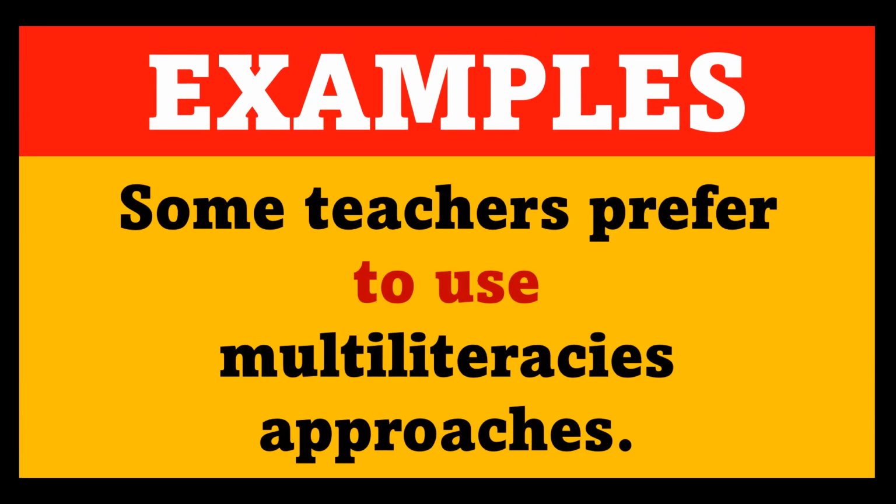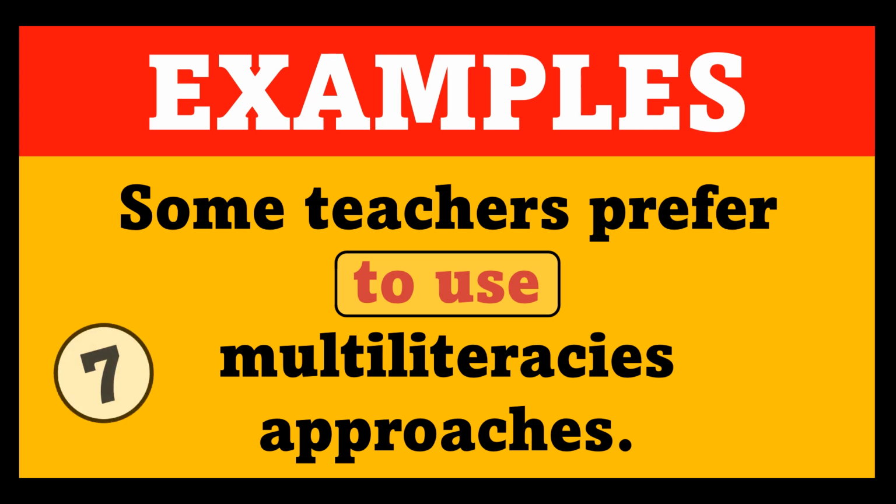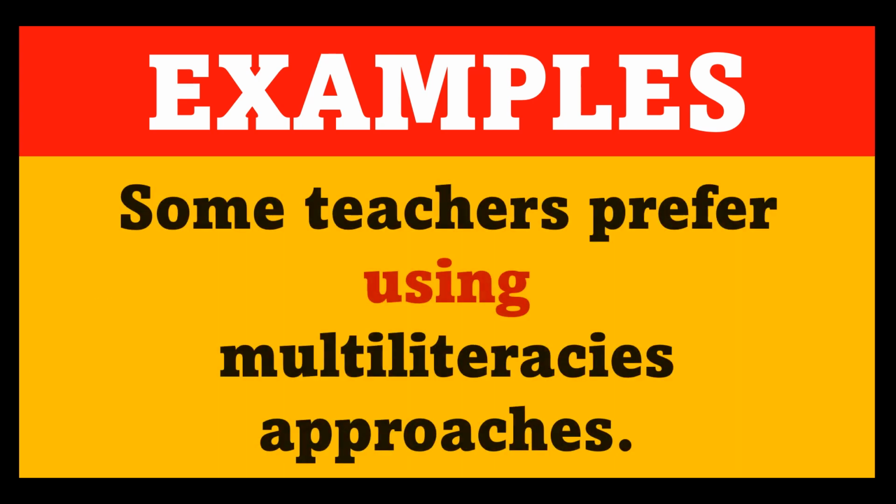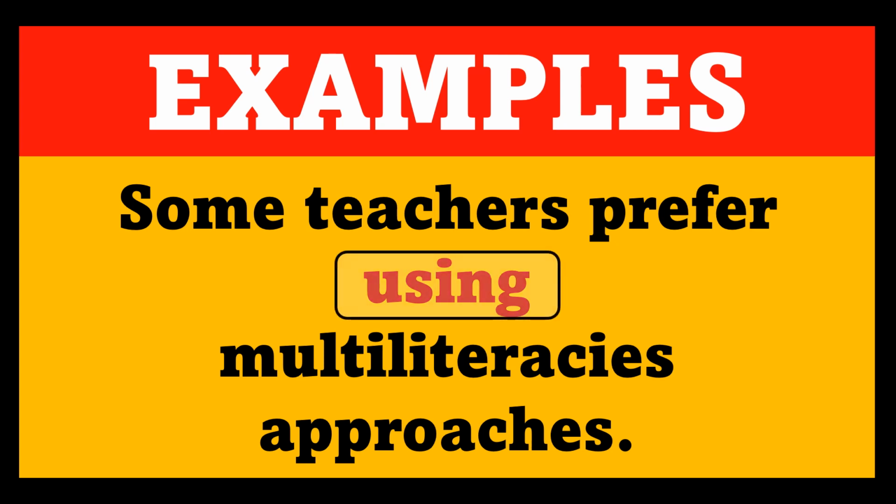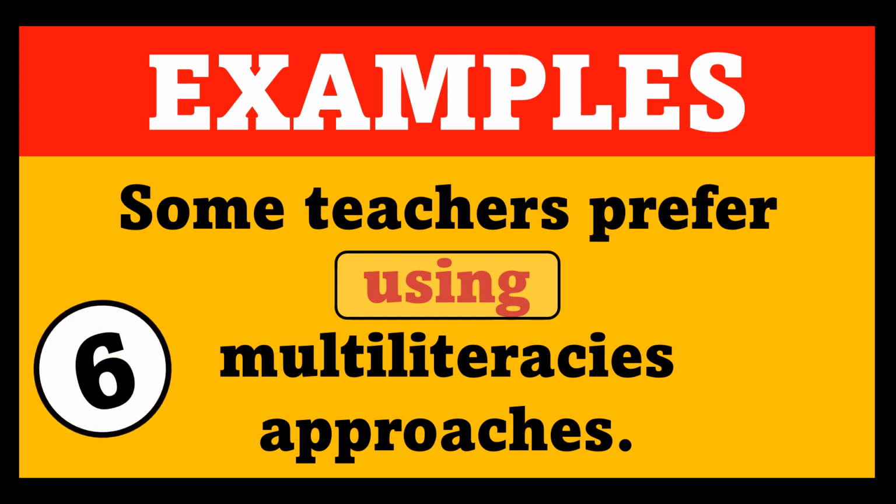In academic contexts, we might write, some teachers prefer to use multiliteracies approaches. Again, we have the infinitive form and 7 words. If we instead say some teachers prefer using multiliteracies approaches, now we have the gerund version with the ing form, and we only have 6 words.